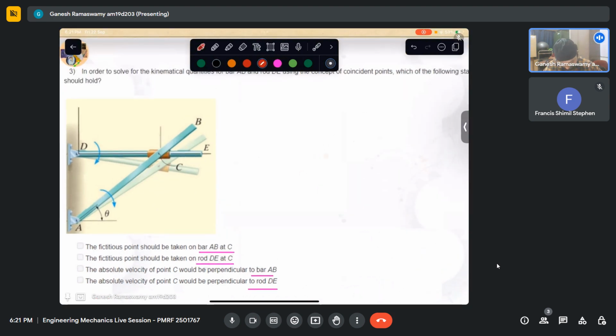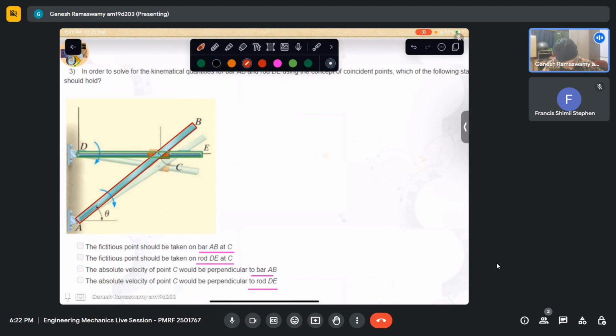So let us try to look at this. Now we have a bar like that, and then we have another rod like that. Both are pivoted at the ends, so both can undergo only fixed axis rotation.